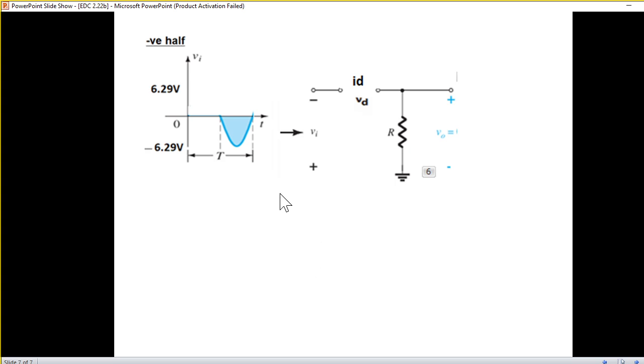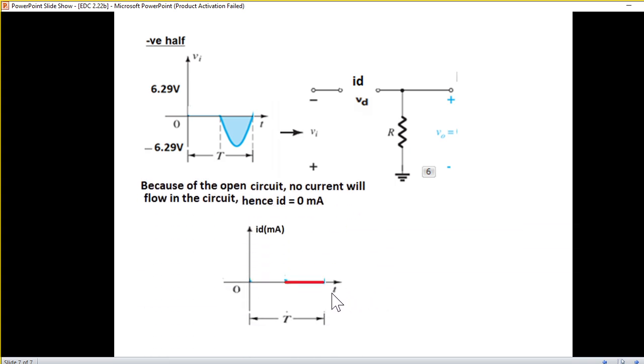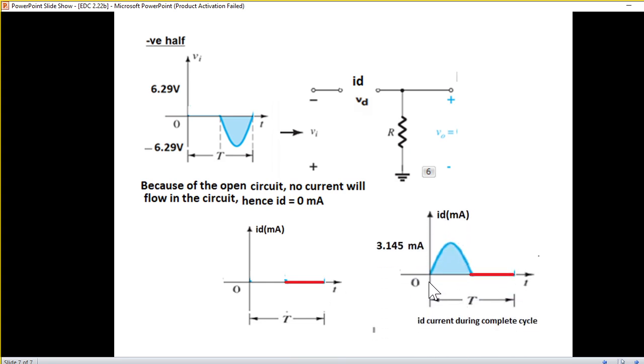Now again, for the negative half cycle, no current is flowing because of the open circuit. So it will be 0. Zero current for the second half cycle. And so the total current will look like this: positive half cycle 3.145 milliampere peak and 0 for the second half, or the negative half.